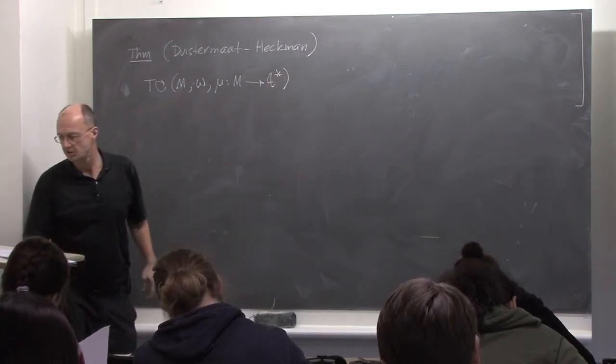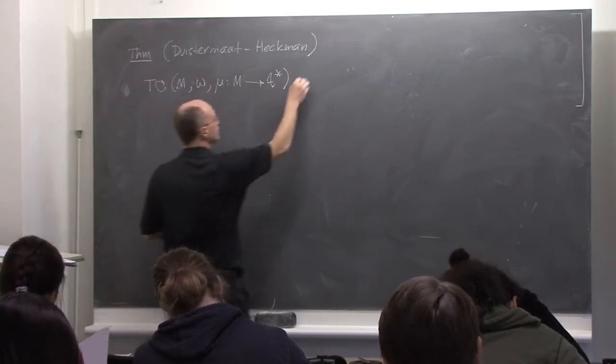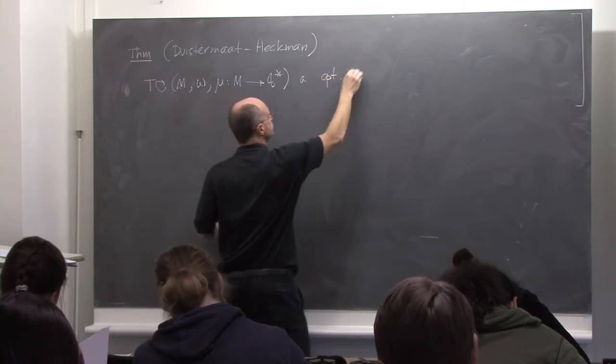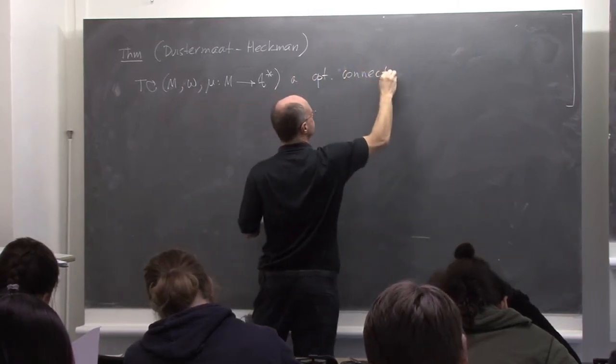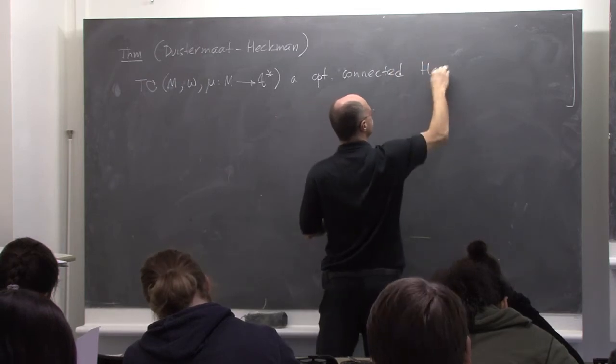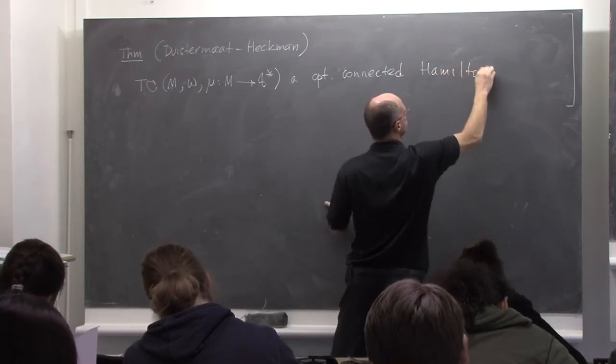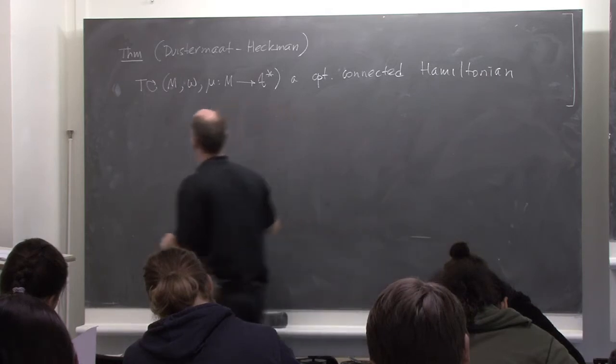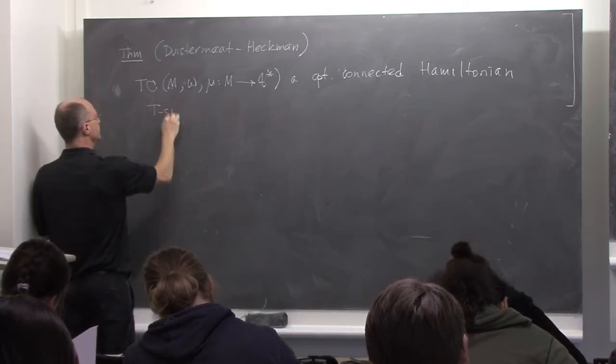So again, we start with a compact connected Hamiltonian T-space.